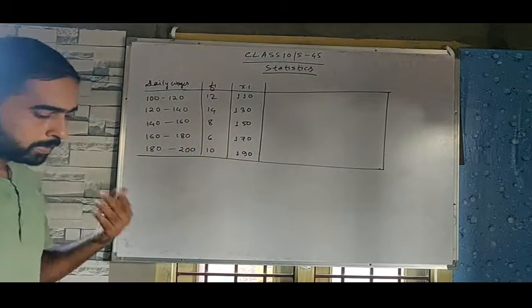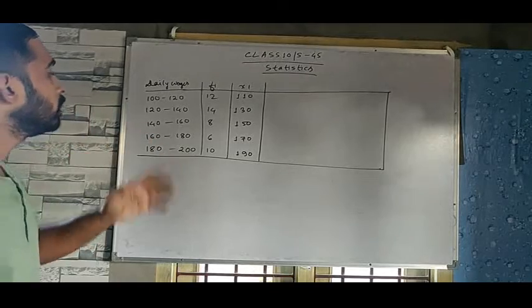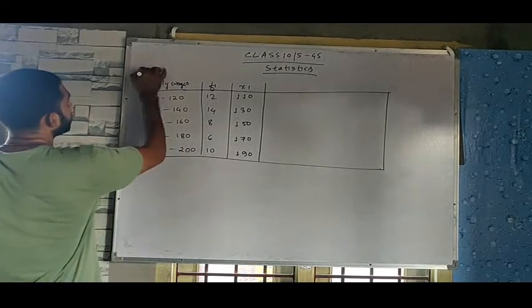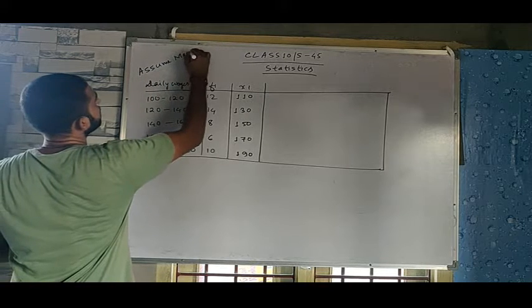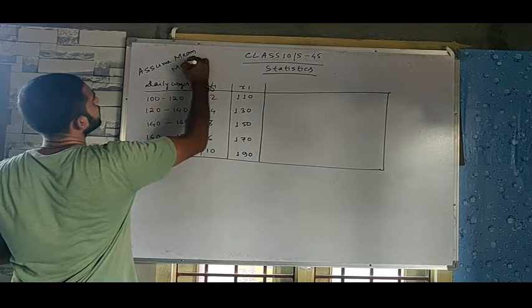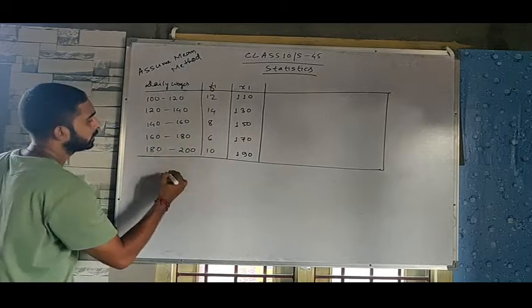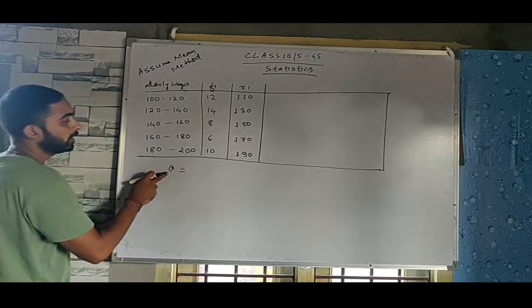Now see, here the method is the assumed mean method. We have to consider A equal to the assumed mean.